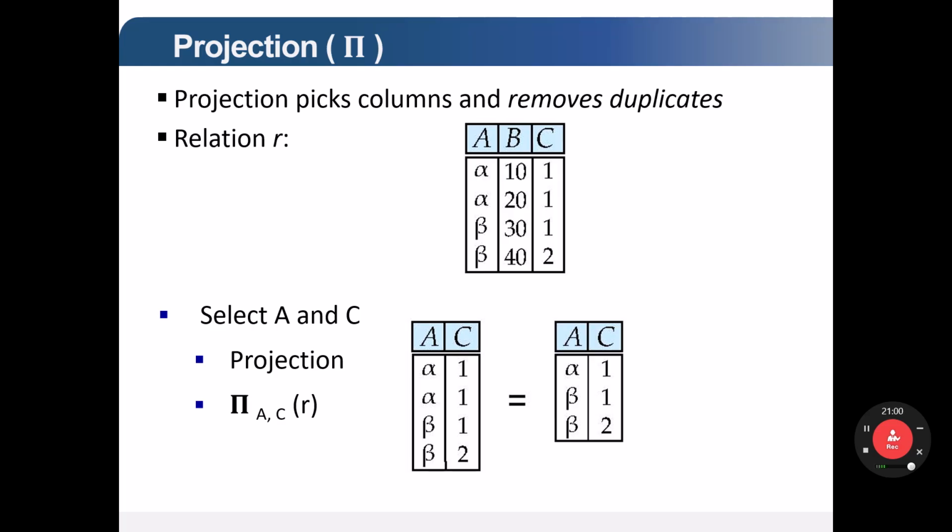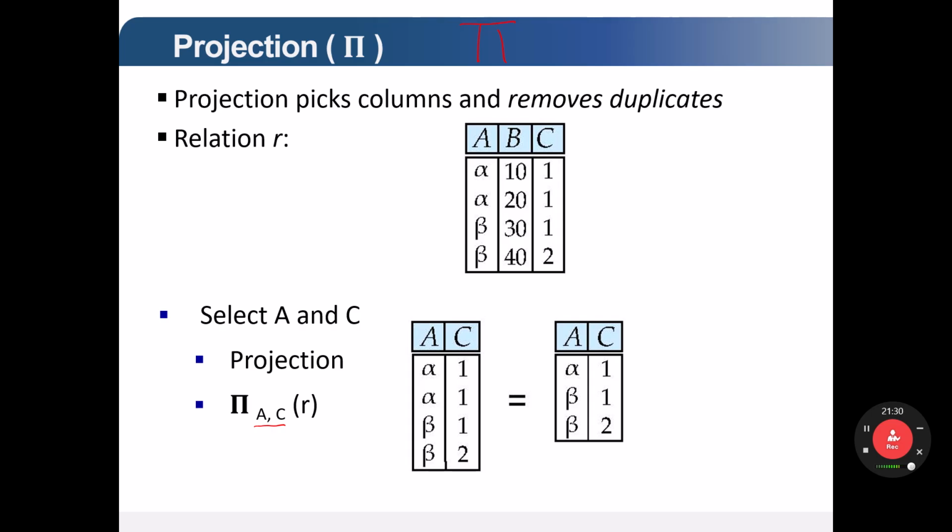Next operator is called the projection. And for projection operator, we use capital pi symbol. And again, this pi, projection operator is a unary operator. So it needs only one relation as an argument. And this projection operator requires any number of attributes as a subscript.